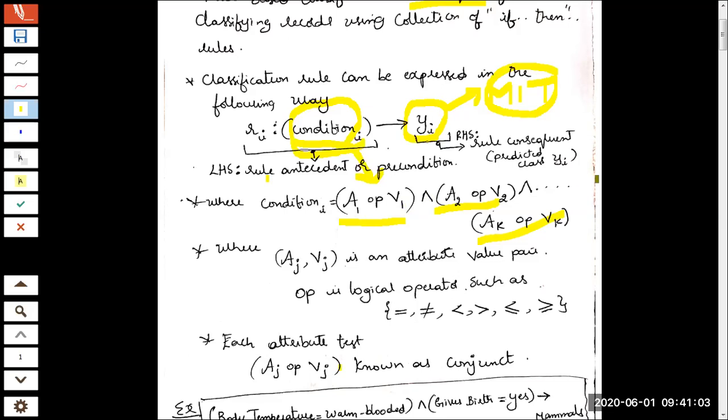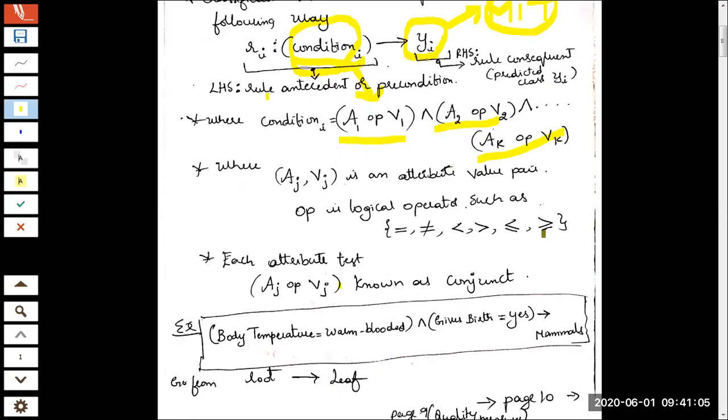So please give me your confirmation. I'm expecting a confirmation with respect to your understanding of a rule-based classifier. What is a rule-based classifier? Its general form. What is there inside that general form? Each and every element. Did you understand? Please confirm.